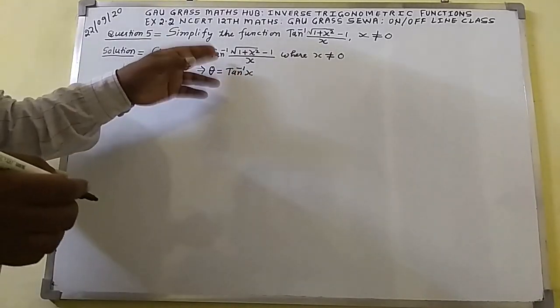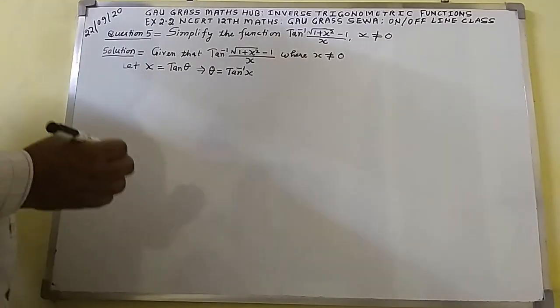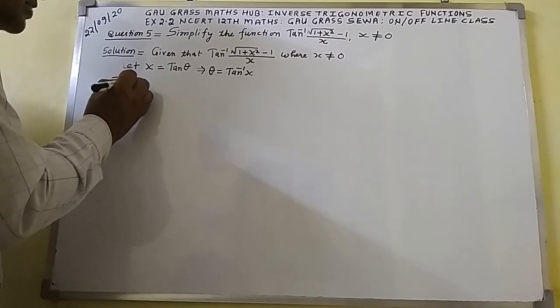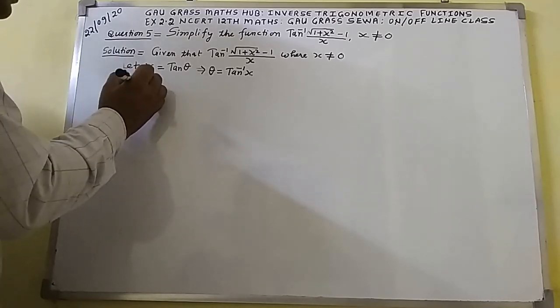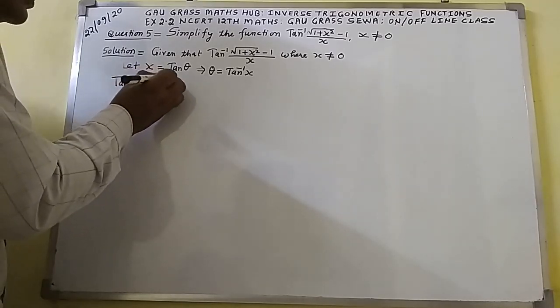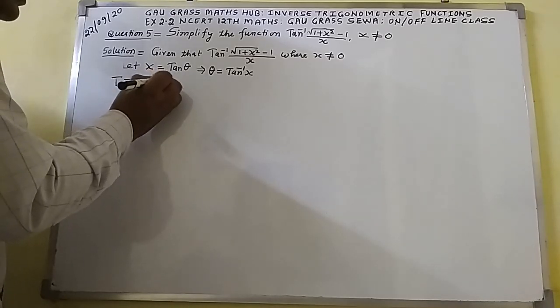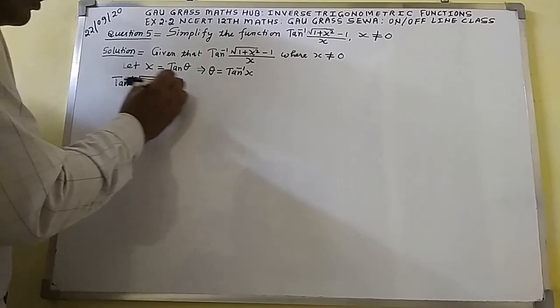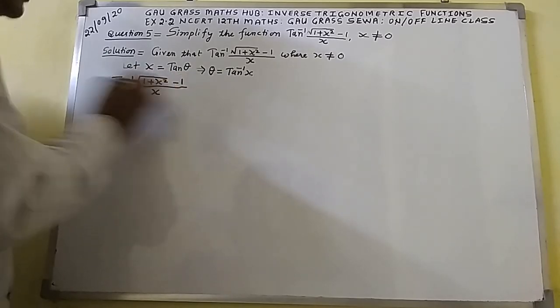Now I shall write the original function here: tan inverse of (under root 1 plus x square minus 1) whole over x.